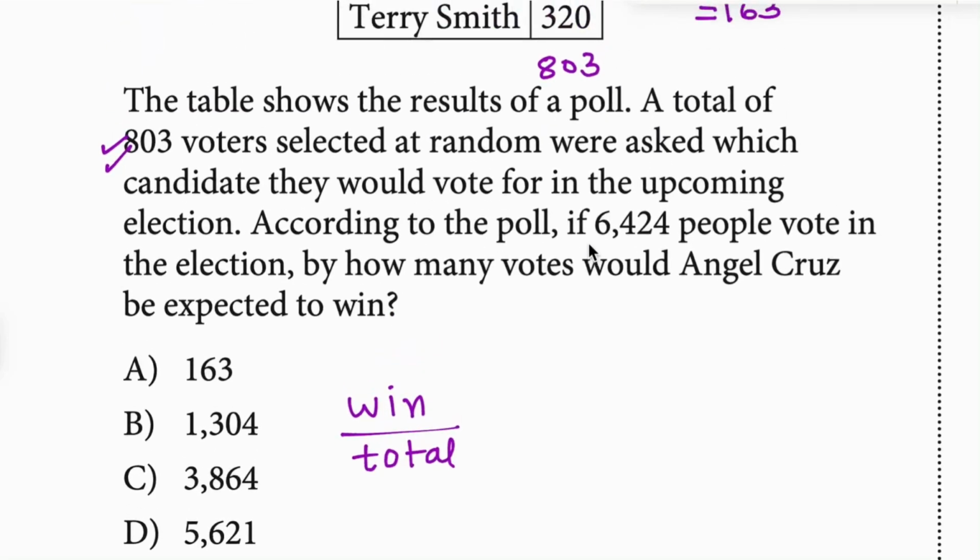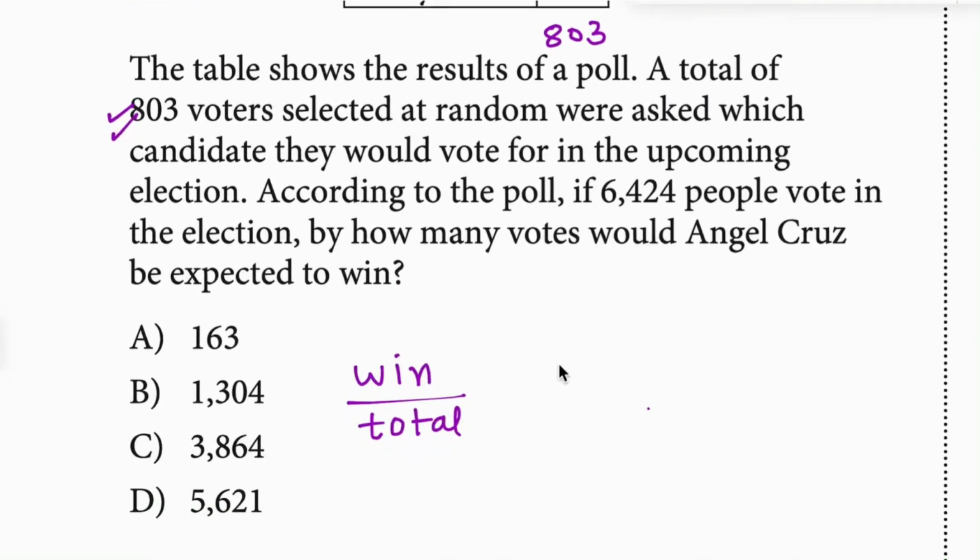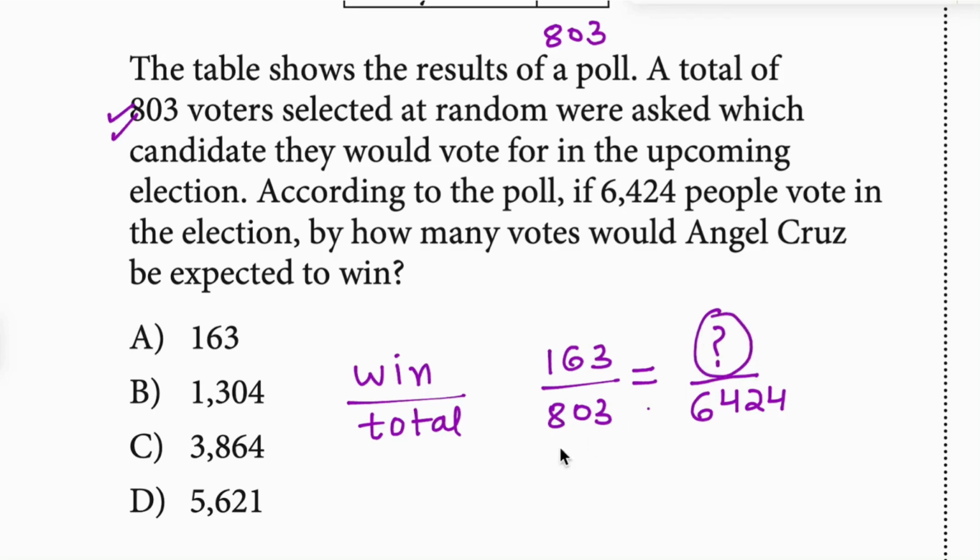If he wins by 163 and the total is 803, then what will this number be if the total is 6424? By how many votes would Angel Cruz be expected to win? We have to calculate this.